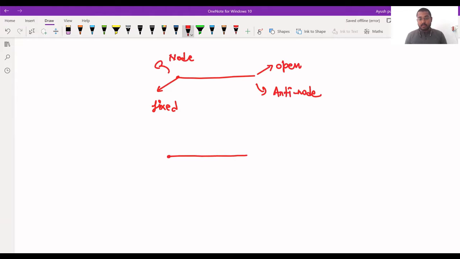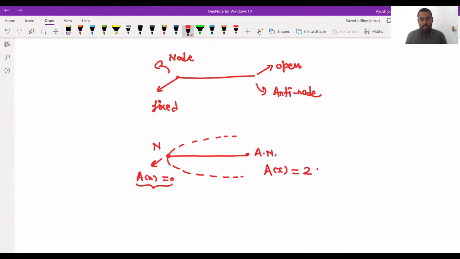Here it is a node, and here it is an anti-node. At the node point the amplitude is 0, and at the anti-node point the amplitude is maximum, and in the standing wave the maximum amplitude is 2a, so basically plus minus 2a.